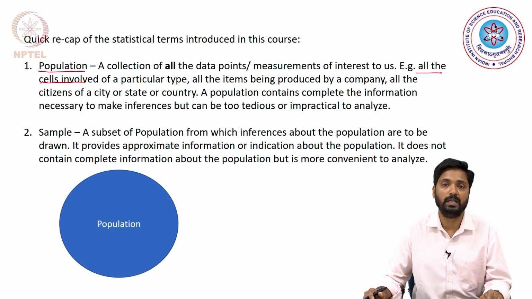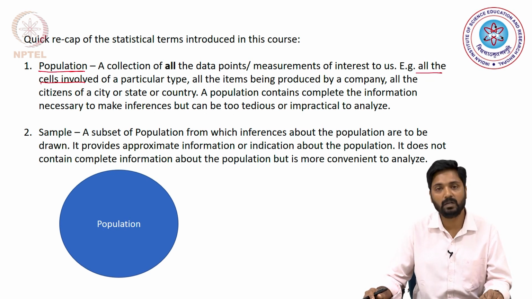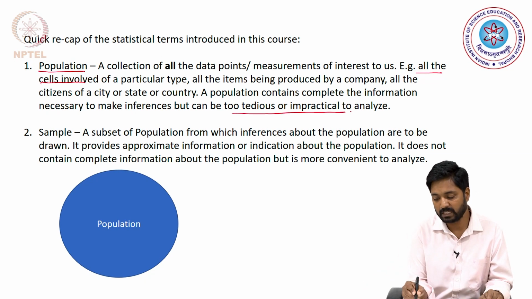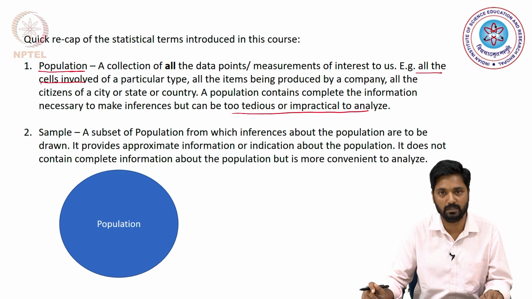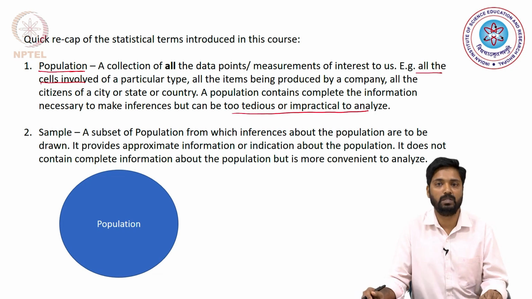And in a nutshell, a population contains complete information necessary to make inferences. However, when we start analyzing the whole population, this can be too tedious or often impractical to analyze. So what is the solution?